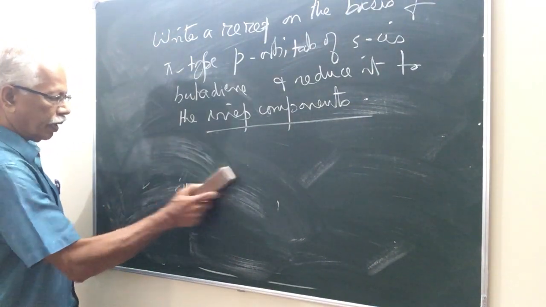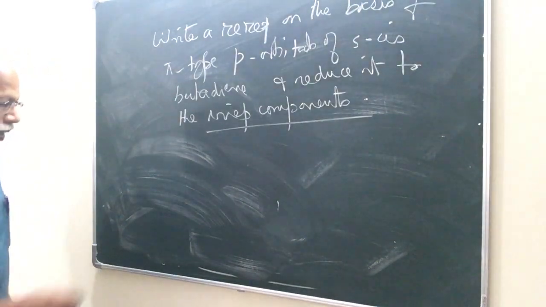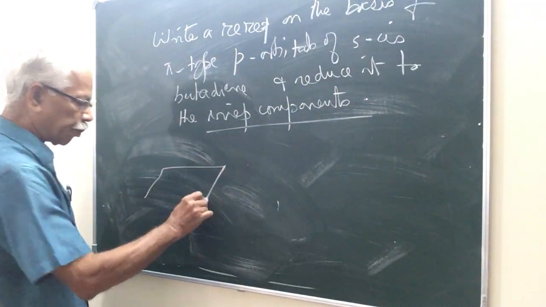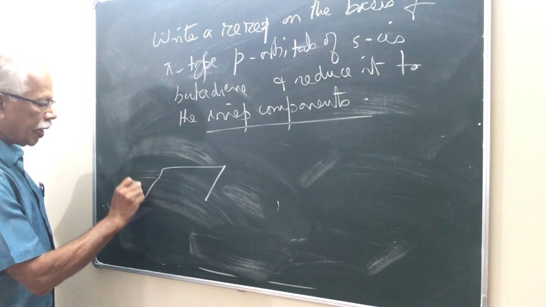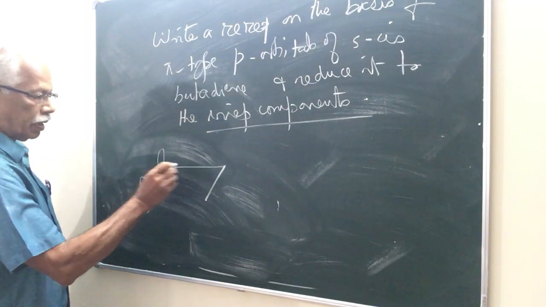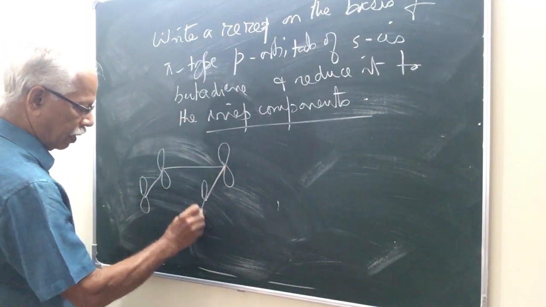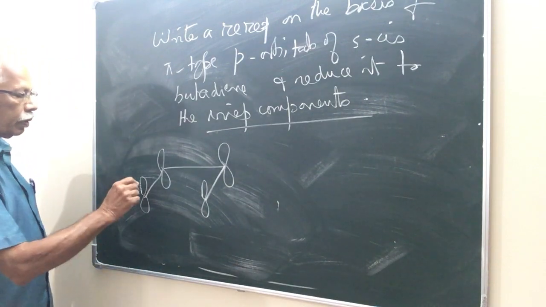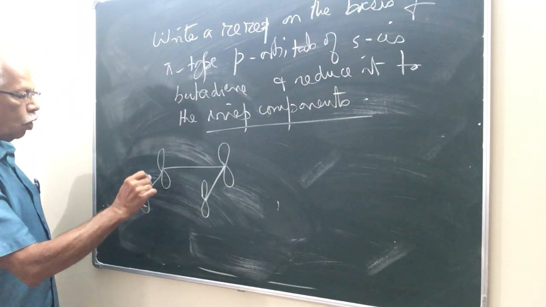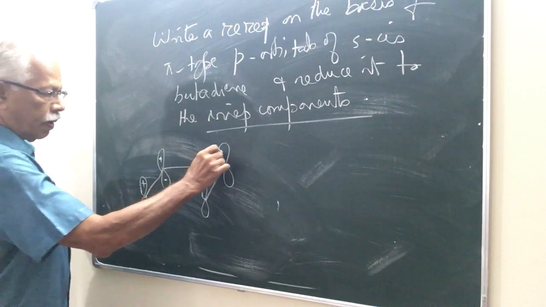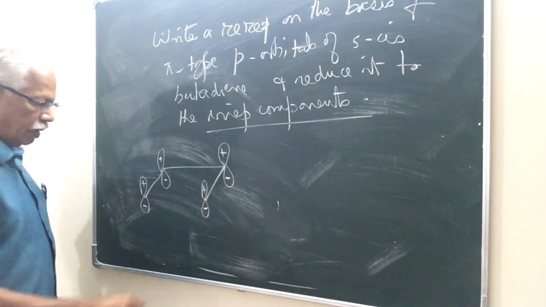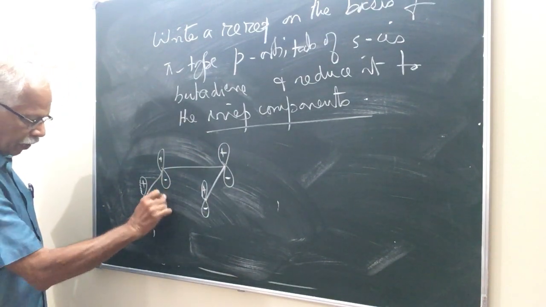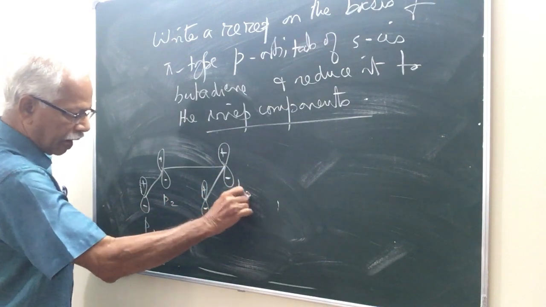So we shall write the sigma bonding skeleton in this manner, and the pi-type p orbitals by a dumbbell, upper one plus, lower minus, plus minus, plus minus, plus minus. I name the p orbitals as p1, p2, p3 and p4.